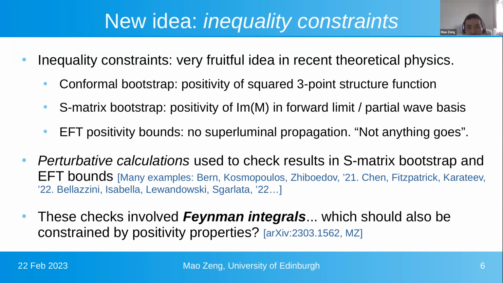I think it's a new idea for evaluating Feynman integrals, but not new in the wider theoretical physics, because it's been very successfully applied to other subfields, some of which include the conformal bootstrap, S-matrix bootstrap, and EFT positivity bounds.